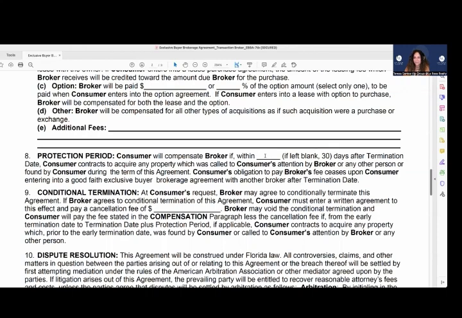I would do at least 60 because how many times have we worked with buyers and all of a sudden they decide to terminate the contract, they don't want to work with you anymore. And all of a sudden they go, because the cousin called them and said, oh my God, you're not going to use me for your purchase, even though they've been working with you for 3 months looking at 100 houses. And now the cousin shows up out of nowhere.